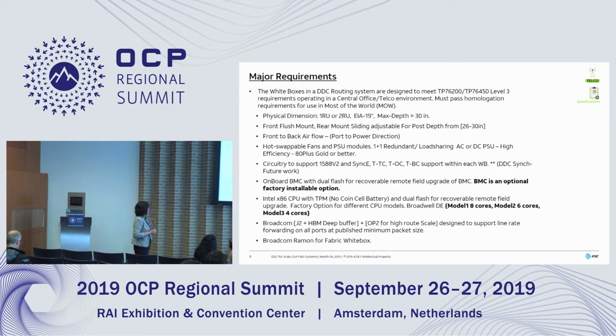Okay, so as I mentioned, here are the major requirements it needs to meet, because this is for service provider central office deployment. We need to meet NEBS GR-63 level 3 for the central office telco environment, and we also plan to deploy this box globally, so it needs to meet most of the world's homologation requirements as well.